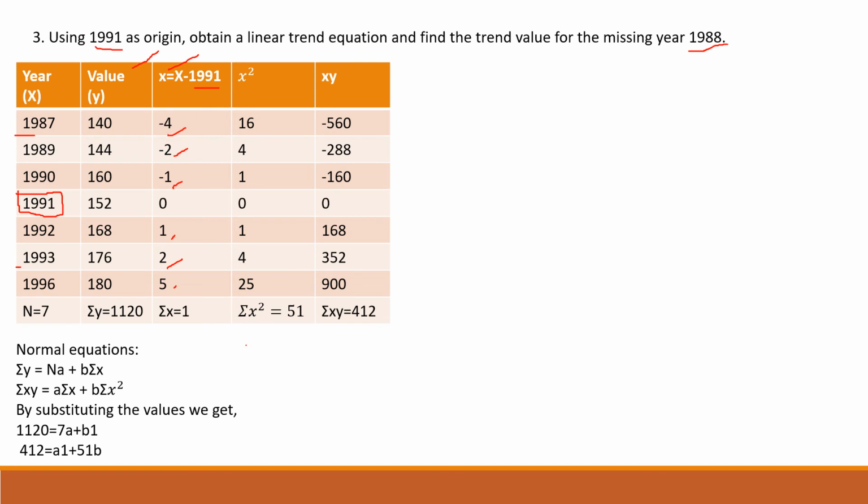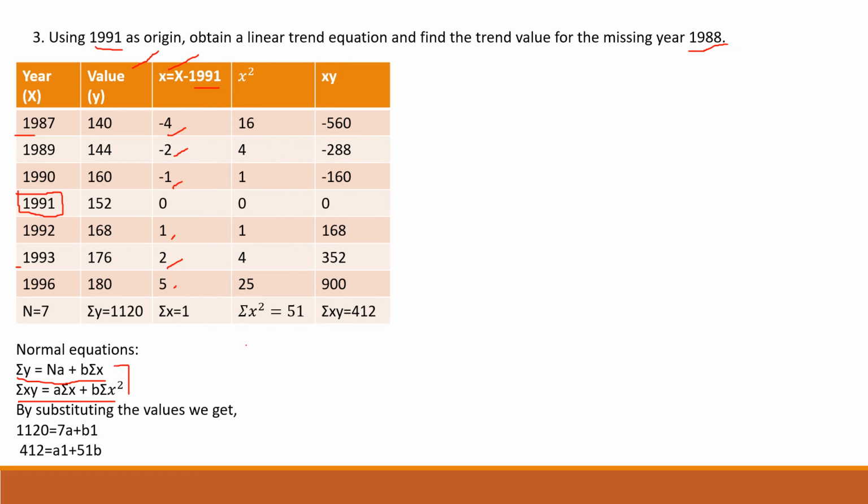We know that summation y equals na plus b summation x, and summation xy equals a into summation x plus b summation x square. So we substitute the values we calculated into these two equations.